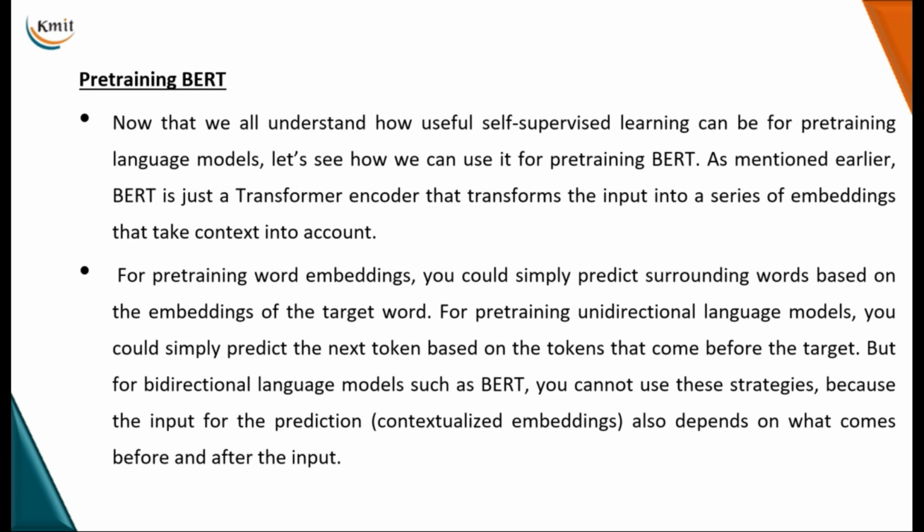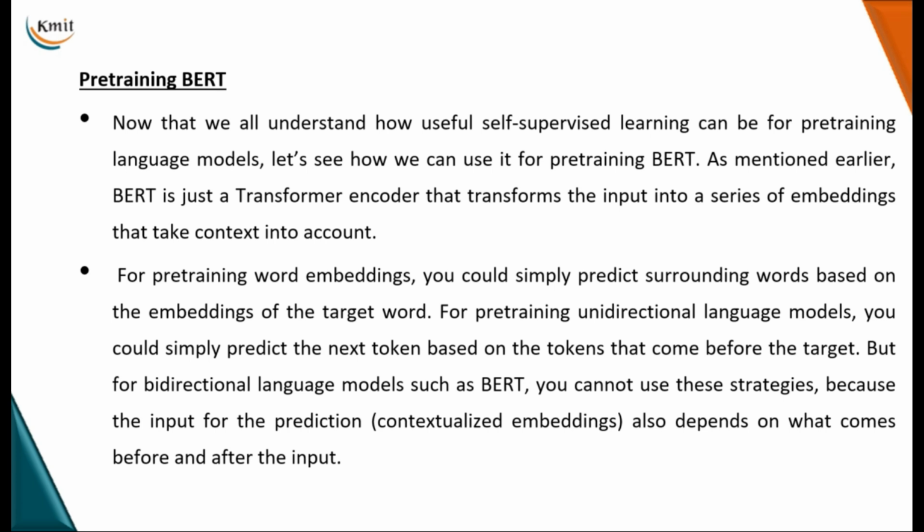Okay, so now we will understand how self-supervised learning can be used for pre-training language models. That is, we will see how we pre-train the BERT model. As already told, BERT is basically a transformer encoder that transforms the input into a series of embeddings that take context into account.